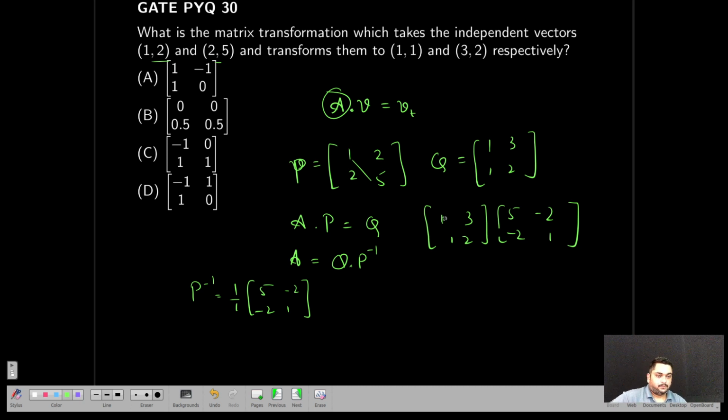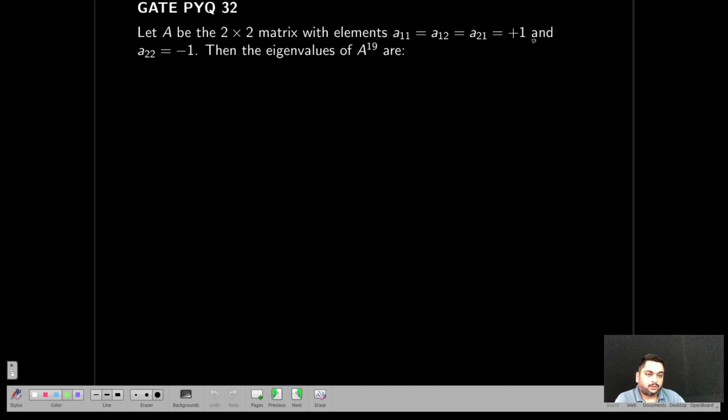Next, let A be a 2 cross 2 matrix with elements A11 equal to A12 equal to A21 equal to plus 1, and so what they are saying, this is 1 1 1 and minus 1. And the eigenvalues of A power 19. So first find the lambda value for this.